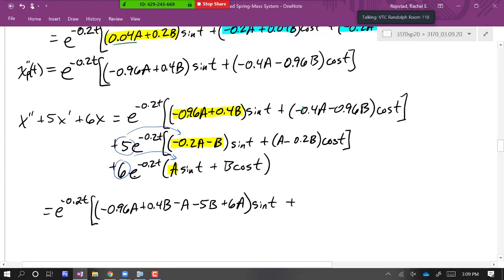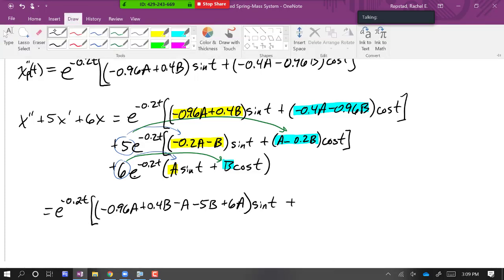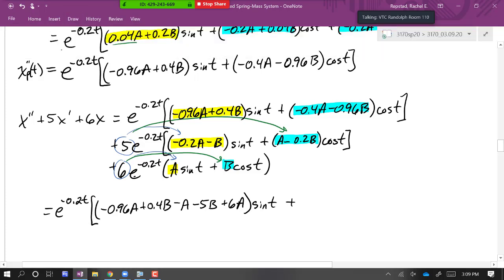And for cosines, again, I'm going to make sure that I remember to distribute the 5 through the x prime coefficient and the 6 in the function itself. So we have negative 0.4a minus 0.96b, then plus 5a minus b after I distribute the 5, and then the last one I get plus 6b.